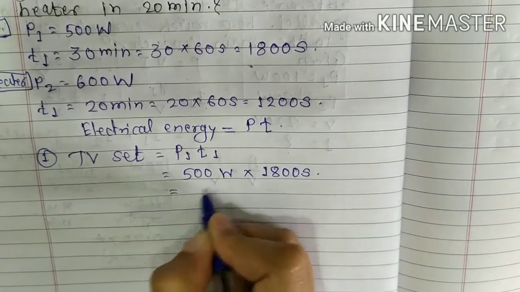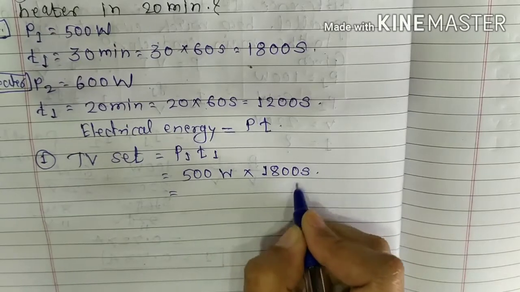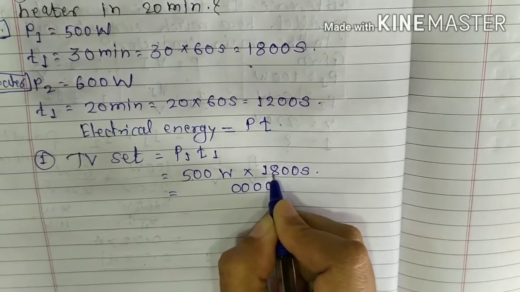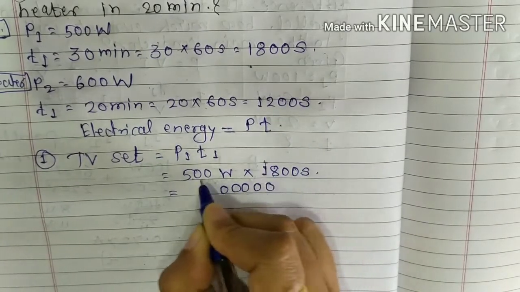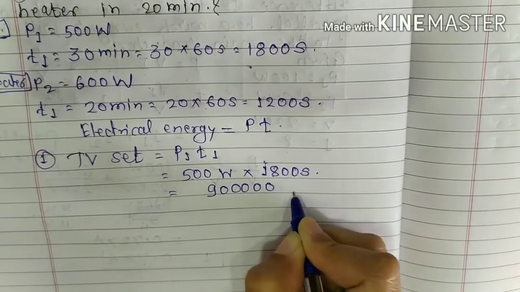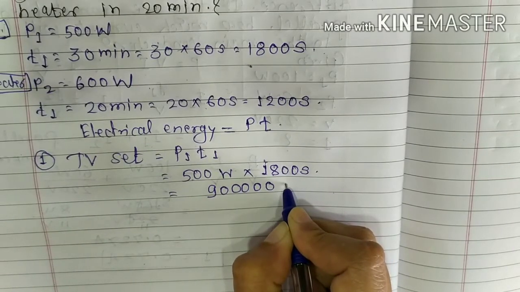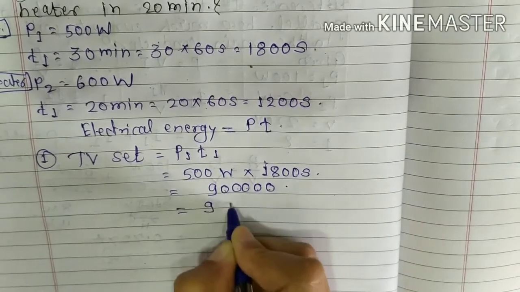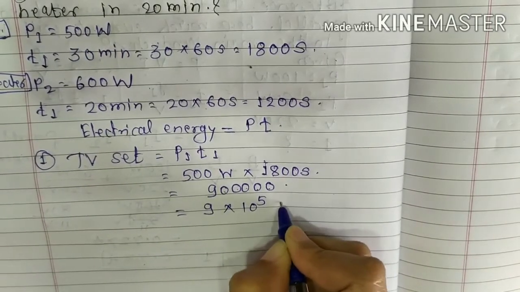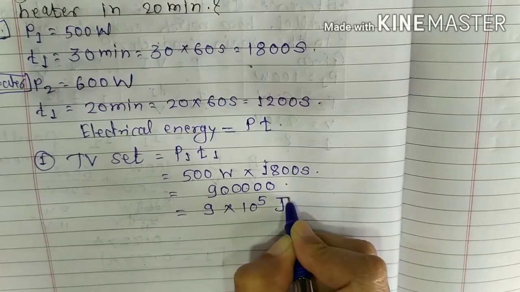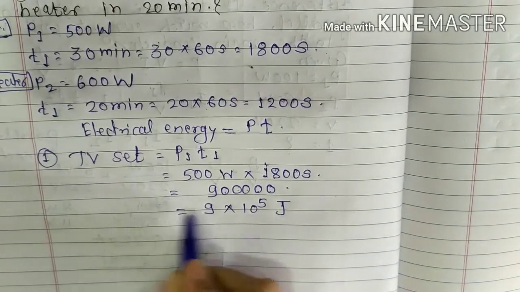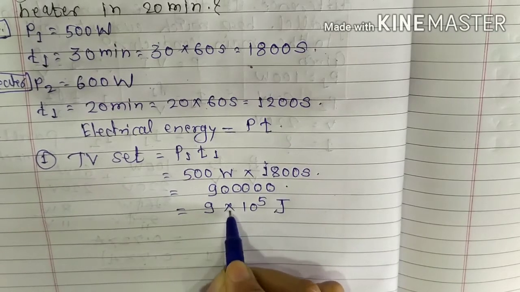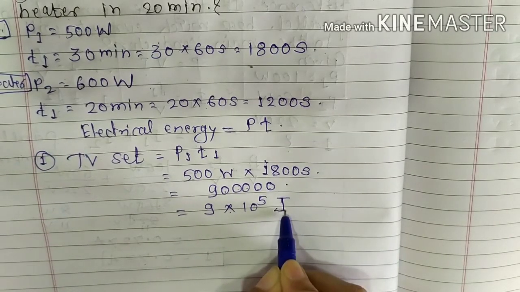Make a multiplication, that is 9 into 10 raised to 5 watt into second, that is the joule. Hence total electrical energy for this TV set is equal to 9 into 10 raised to 5 joule.